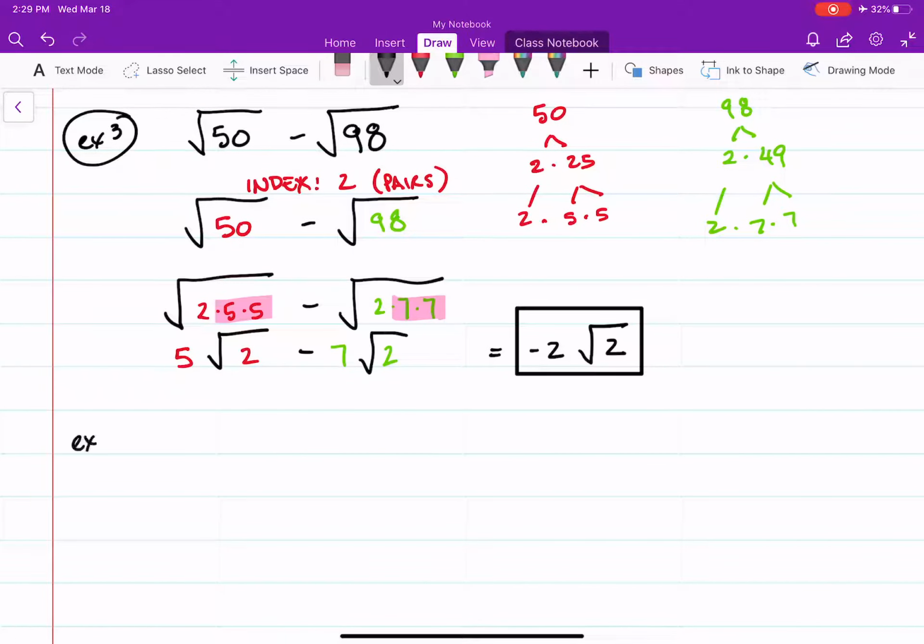And let's do another example. So I wrote this down, so let's see how that goes.